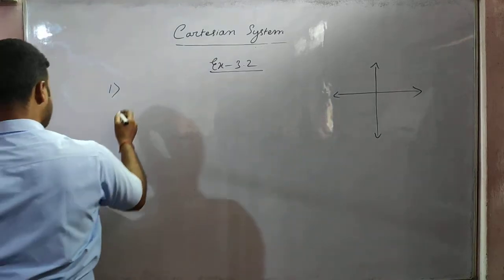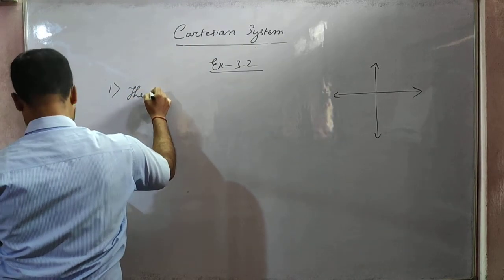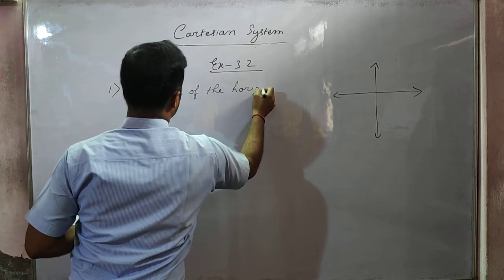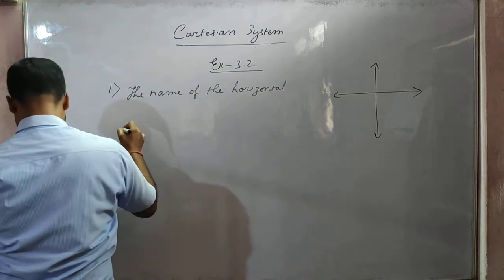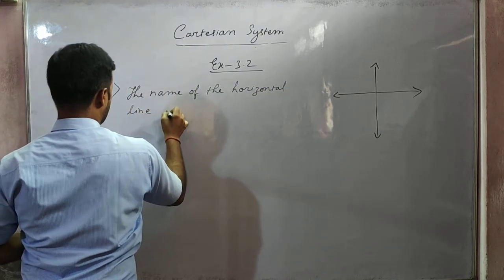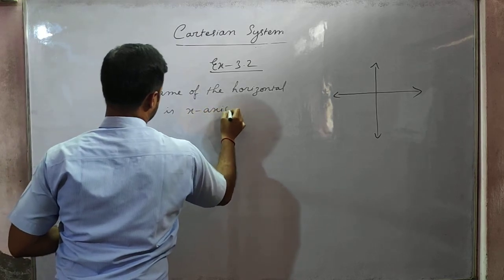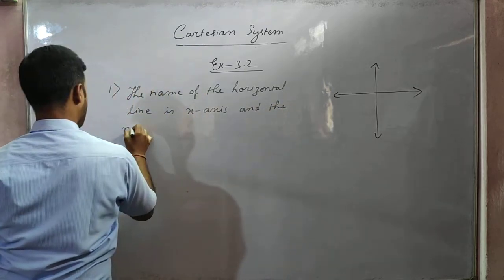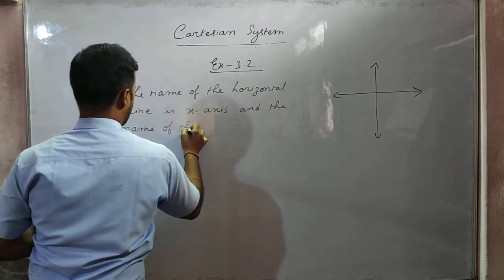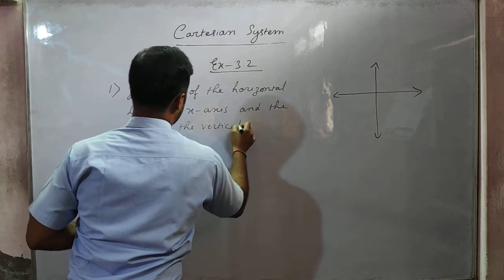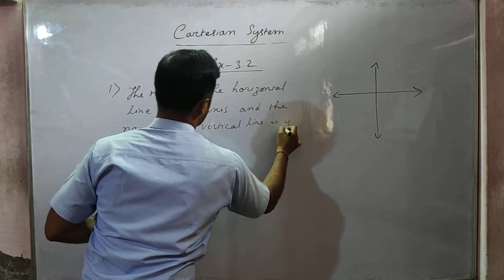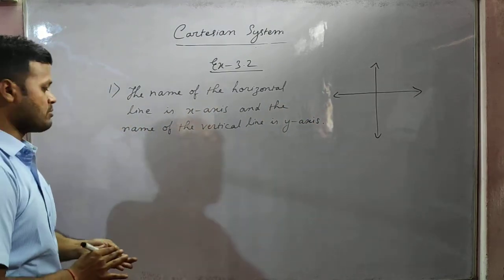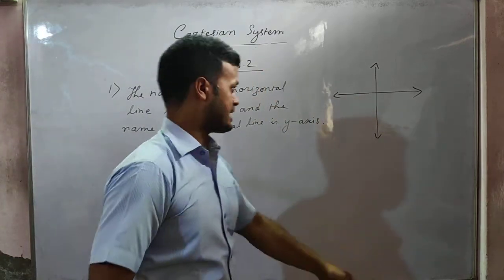The name of the horizontal line is x-axis, and the name of the vertical line is y-axis. Isn't it, students?